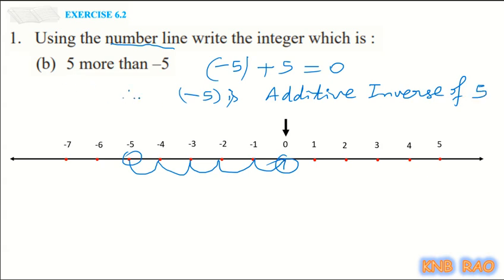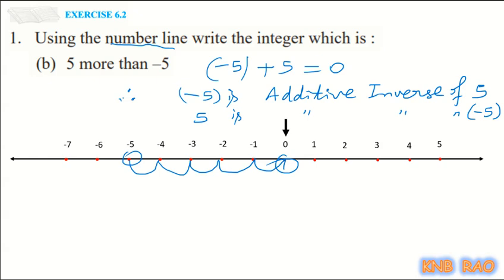So, from this we state that minus 5 is the additive inverse of 5, and vice versa. What is the vice versa? That means 5 is the additive inverse of minus 5. So, one becomes the additive inverse of the other.